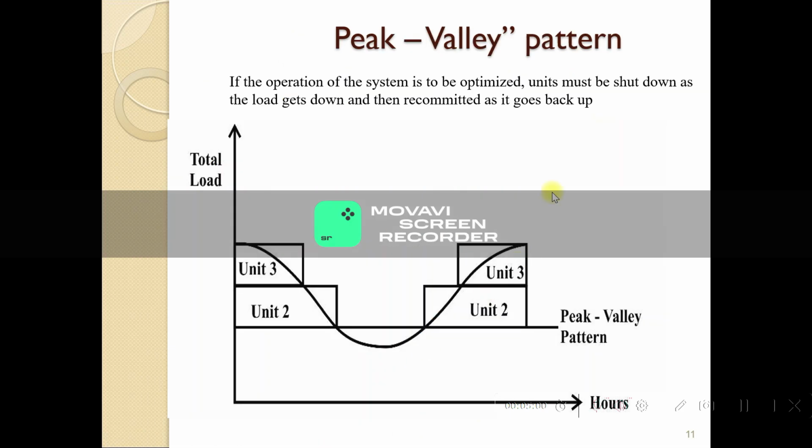Next one, peak valley pattern. If the operation of the system is to be optimized, a unit must be shut down as the load goes down and then recommitted as it goes back up. So in this brute force technique, we have to commit the different units, and draw the characteristics with the x-axis as time in hours and the y-axis as total load in megawatts.